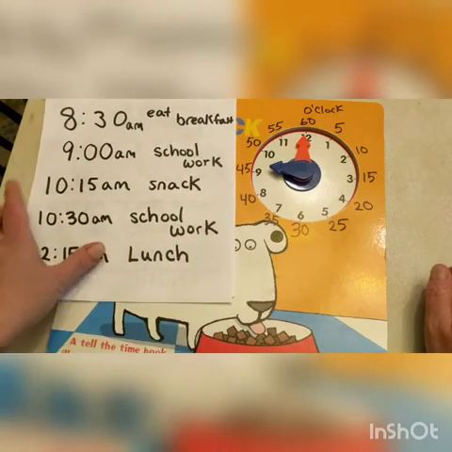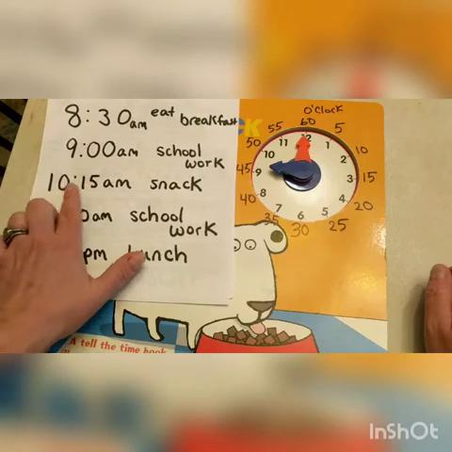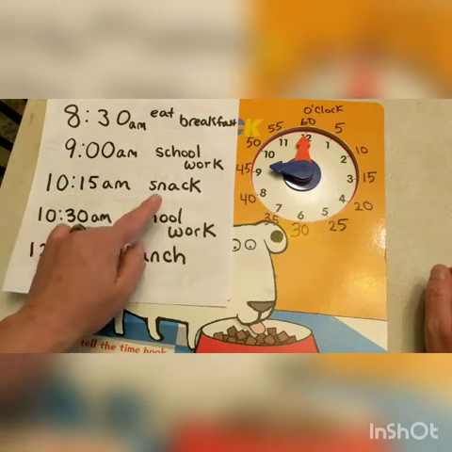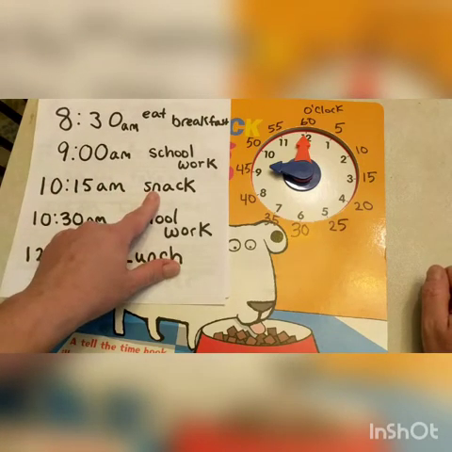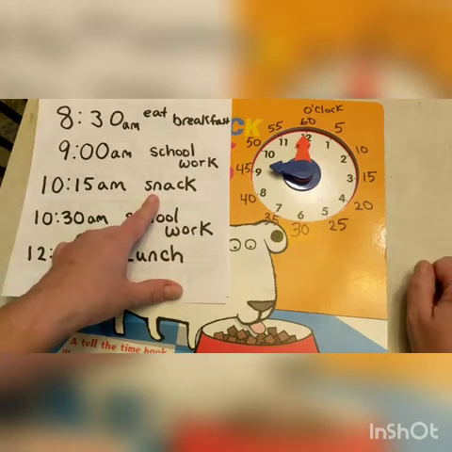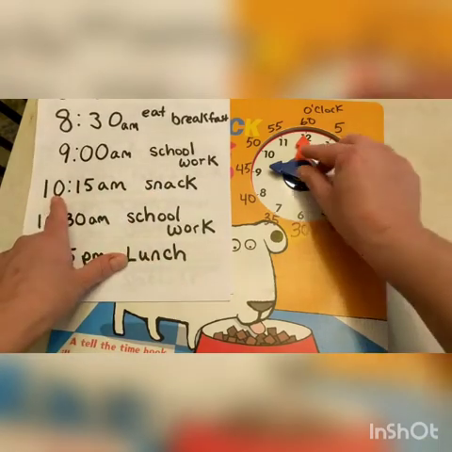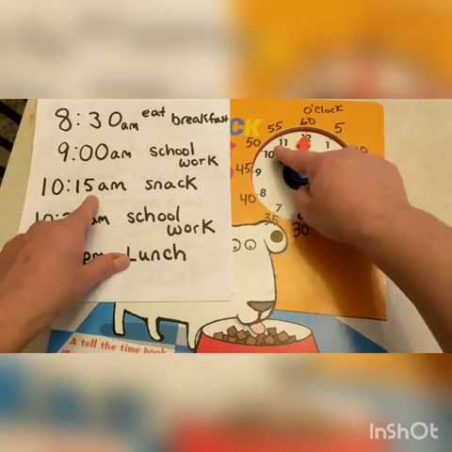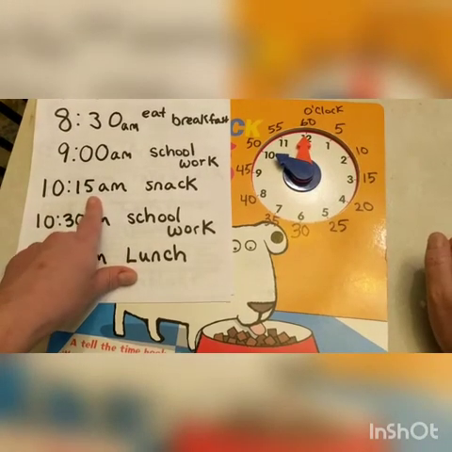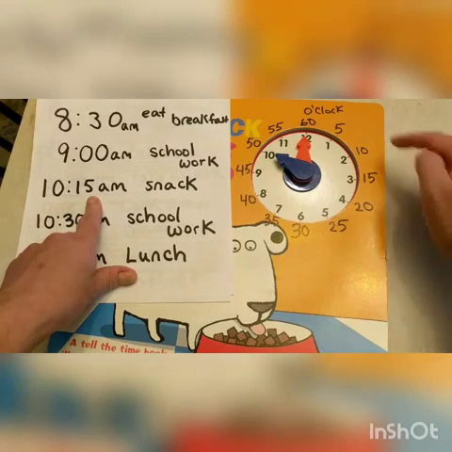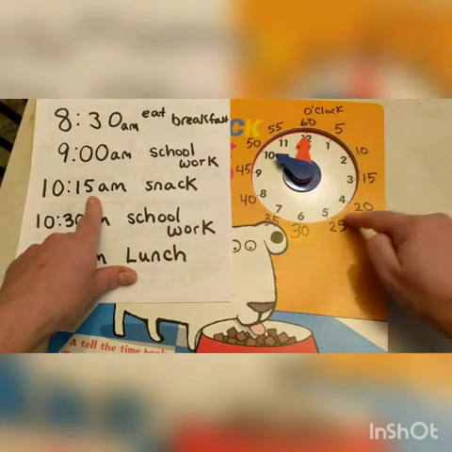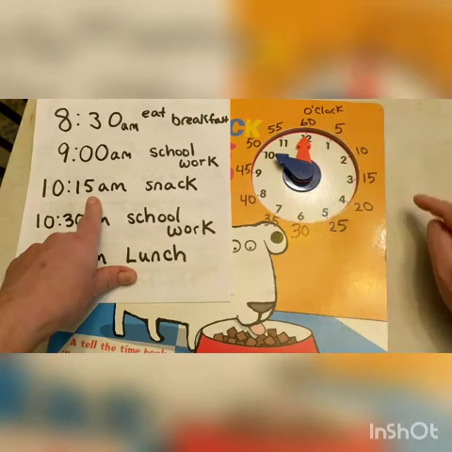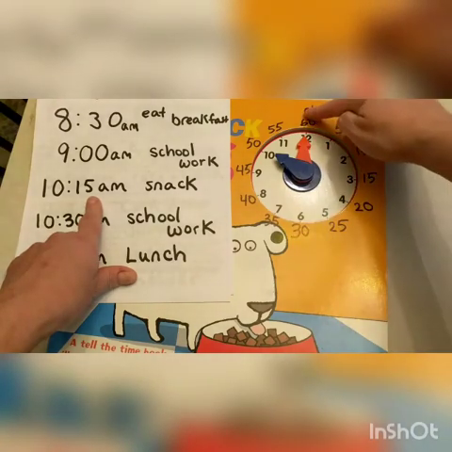The next thing on my schedule at 10:15 a.m., I'm going to have snack. So my hour hand is going to point to the 10 and my minute hand is going to point to the 15. Now we haven't done 15 yet, but if you see around my clock, I went ahead and wrote the minutes to help us visualize that, but I'm going to skip count by 5s.